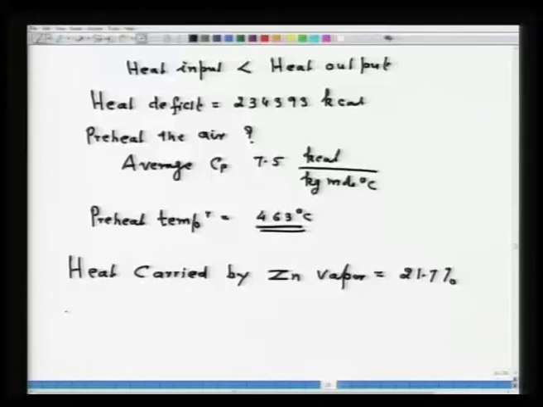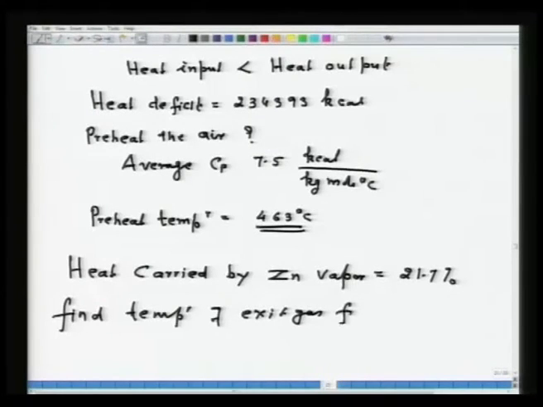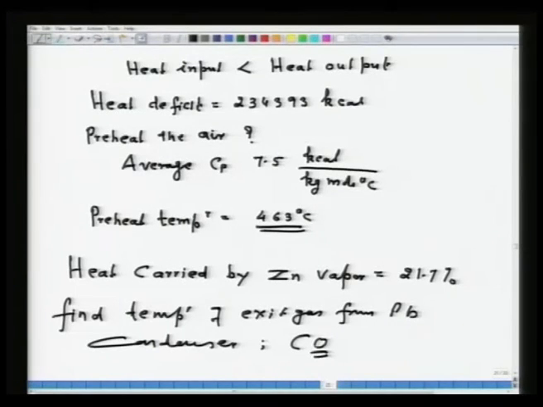So, one way is that you have to find or measure the temperature of exit gas from the lead condenser. And second, you have to see the amount of carbon monoxide in the exit gas.